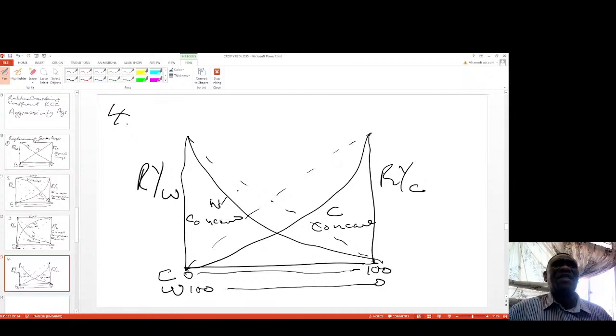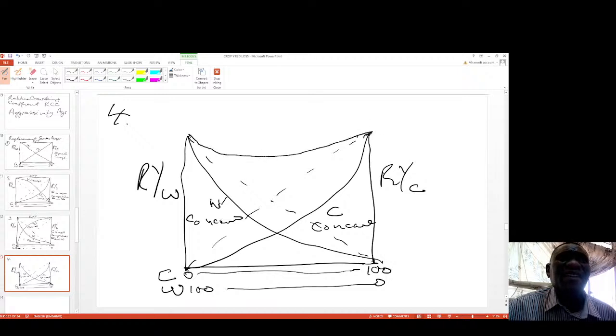And let us look at the relative yield total. It's also a concave. It has gone inside.